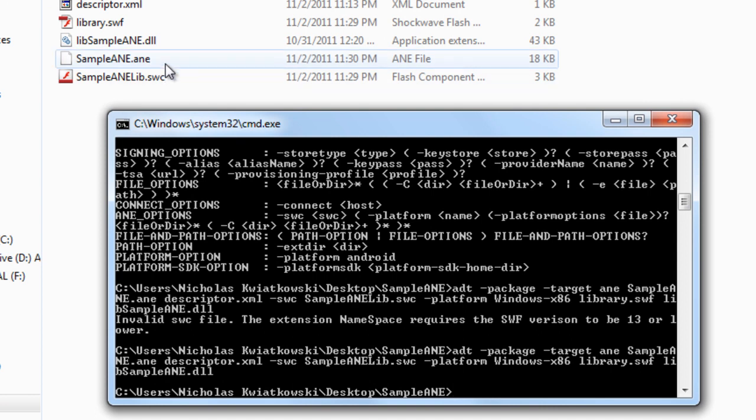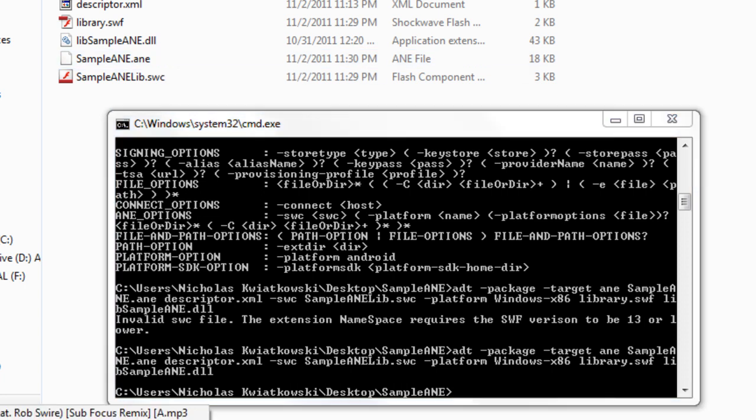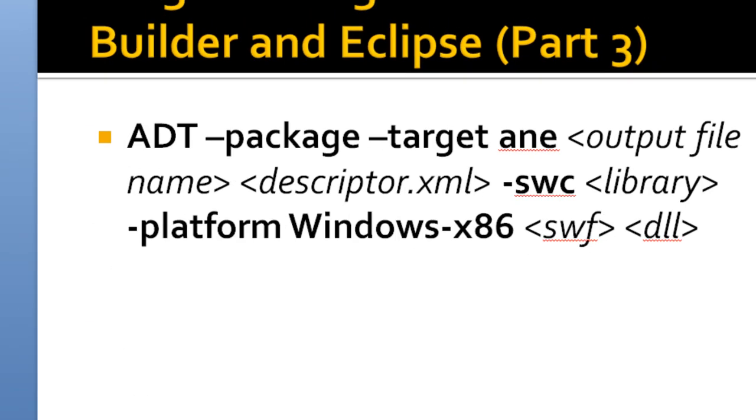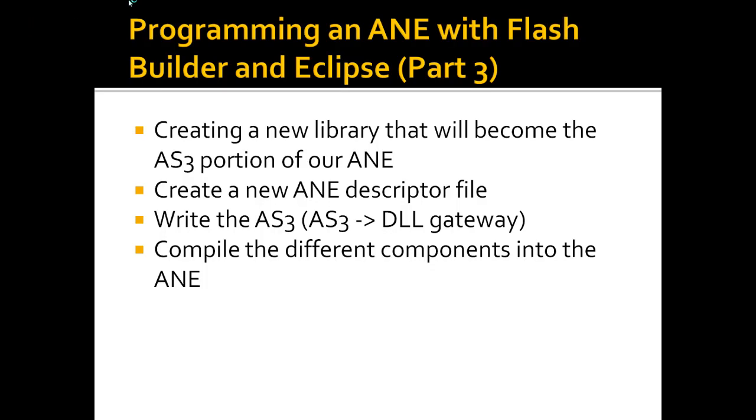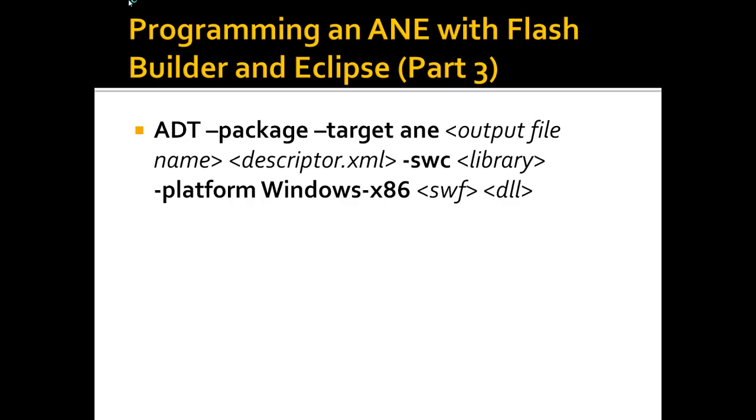So in the next video we're going to be showing how to actually use that ANE. Very quickly I'm going to show that command again as a refresher, because the command is fairly complicated. So again, it's adt -package -target ane, the output file name of the ANE that you want.